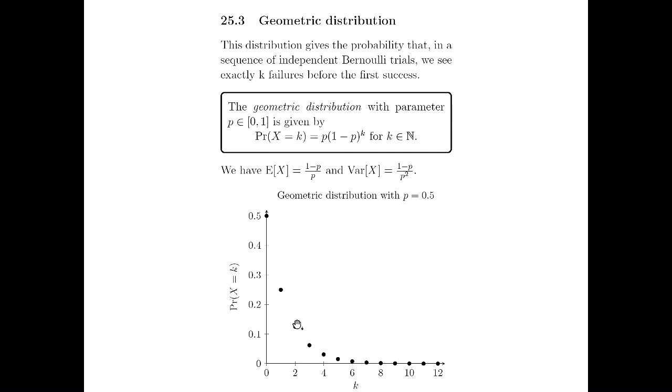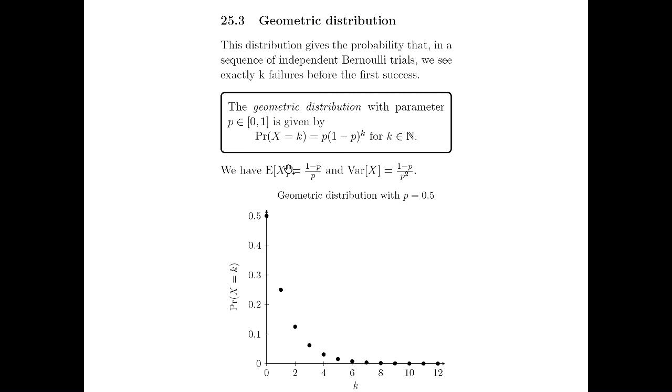Then a 1/8 chance that it's 0, 0, 1, a 1/16 chance that it's 0, 0, 0, 1, and so on, right? Decaying by half every time. And so, in general, that's what a geometric distribution is going to look like, decaying by p every time.